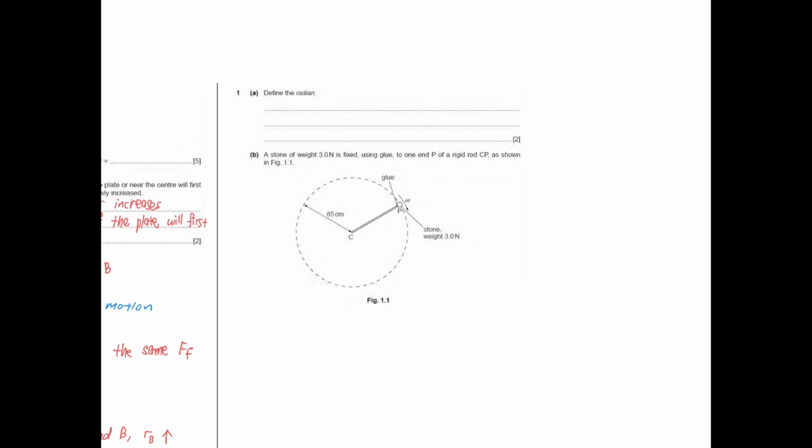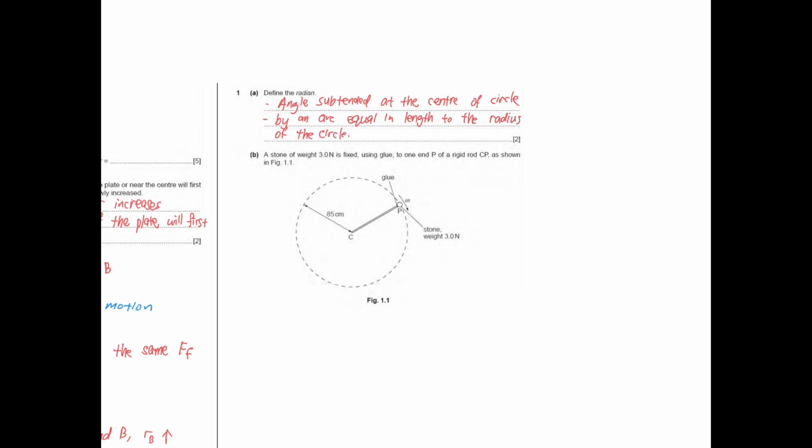It's the same definition: angle subtended at the center of circle by an arc equal in length to the radius of the circle.